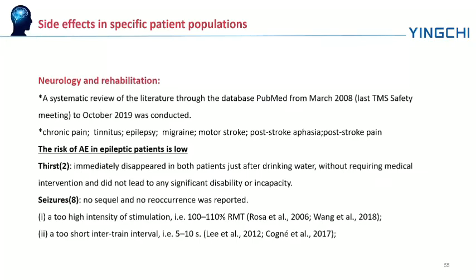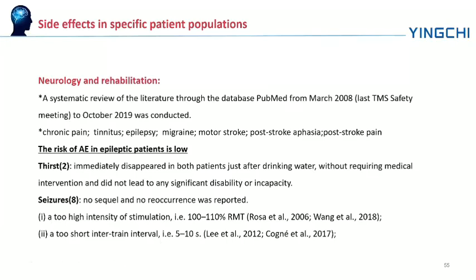In other cases like thirst, there were only 2 cases, and the thirst immediately disappeared in both patients just after drinking water. As for the seizures, no sequelae and no recurrence were reported after the seizures induced by TMS. The reason TMS may have induced seizures in these 8 cases may be a too high stimulation intensity or too short an intertrain interval.